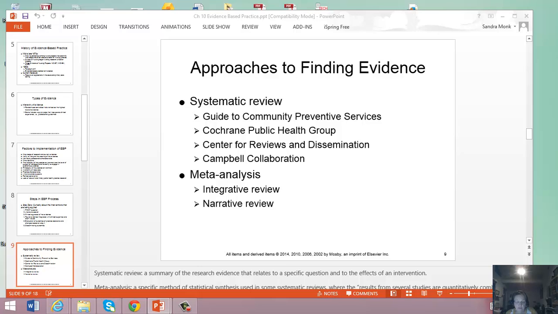Or you could look for a meta-analysis, which is a specific method of statistical synthesis used for some systematic reviews, where the reviews of several studies are quantitatively combined and summarized to make sure that you have a good review of your literature.